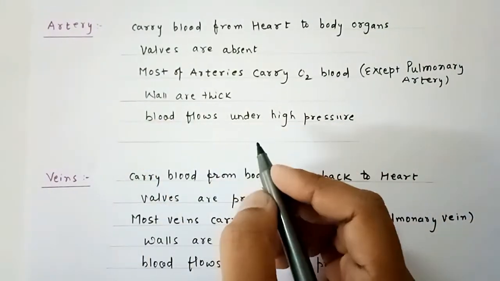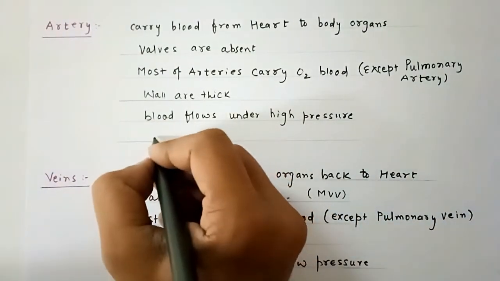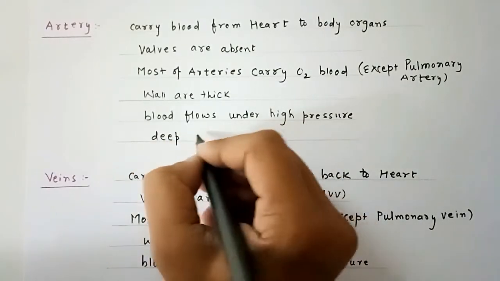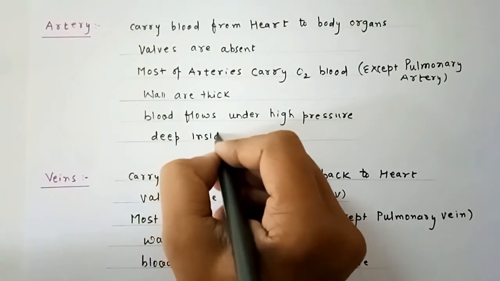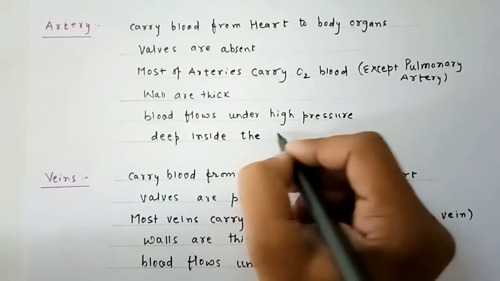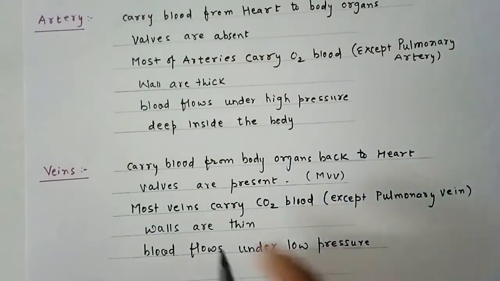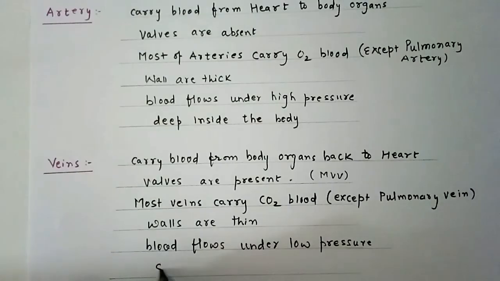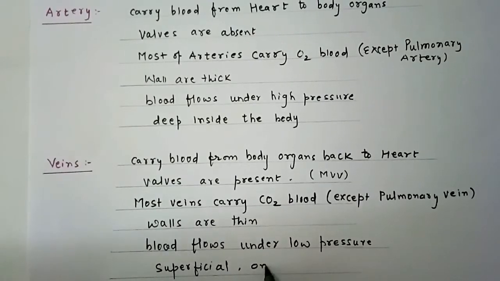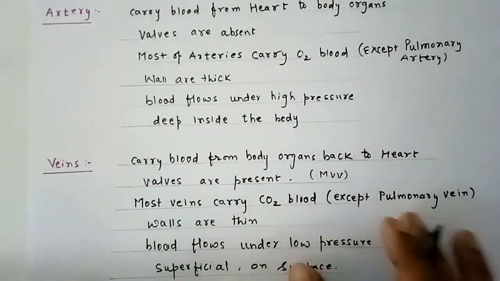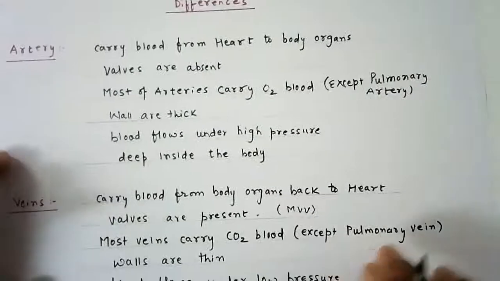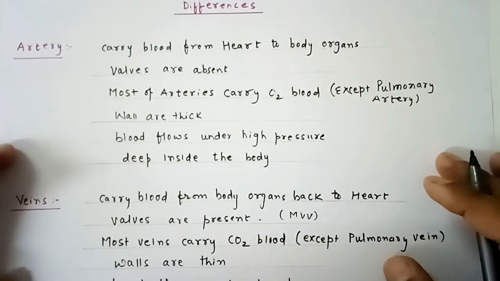The arteries are found deep inside the body. Veins are present on the surface, or superficial, you can also write down. On the surface. So these are some of the important points that we have jotted down over here.